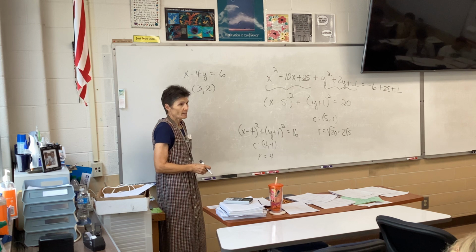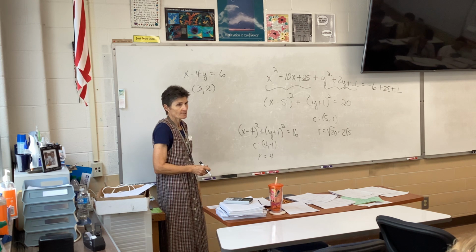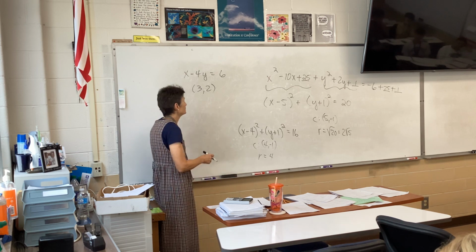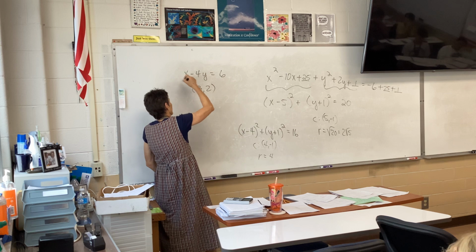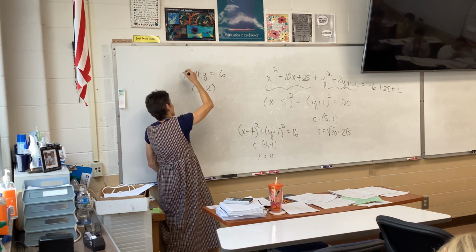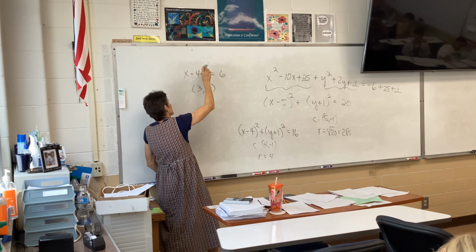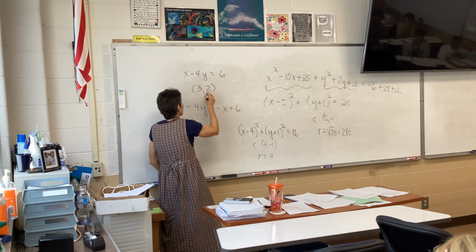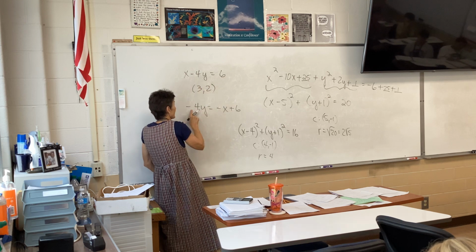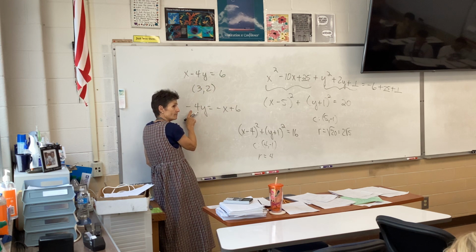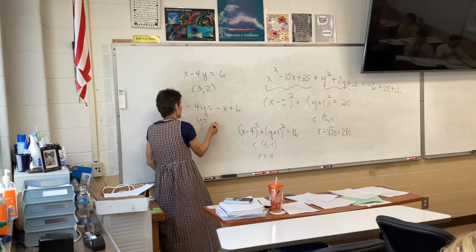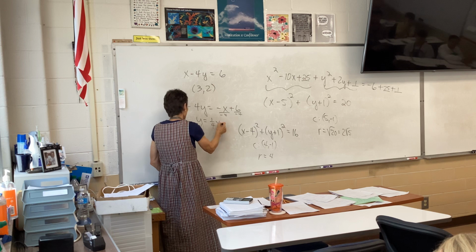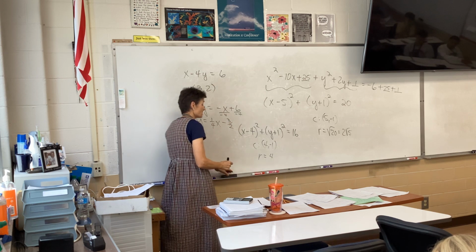So what does that mean to an algebra student? Perpendicular means opposite reciprocal slope. So I need to find the slope. How do I find the slope of this guy? Subtract x. And I'm gonna be real careful when I do that, guys, because there's still a -4 there. Don't lose that negative, right? So y equals, I'm gonna divide everything by -4. 1/4 x minus 3/2.